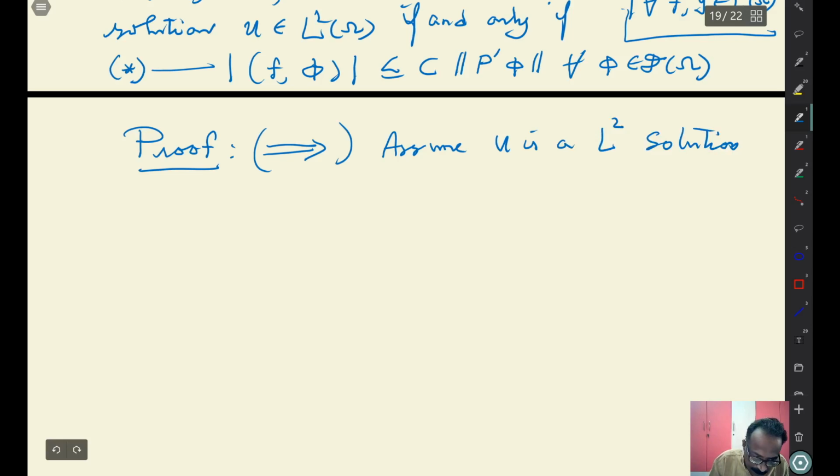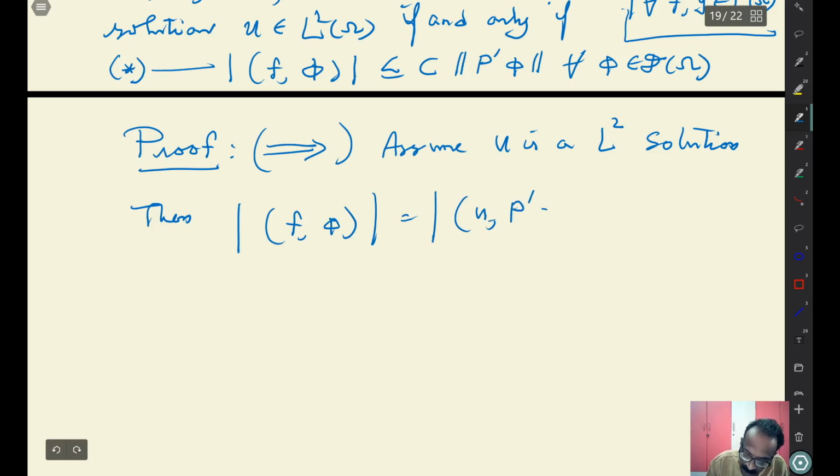Then what will we get? Modulus of f phi is equal to modulus of the inner product of u and P prime phi. This is an L2 inner product, so you can apply Cauchy-Schwarz. That will give you norm of u in L2 times norm of P prime phi in L2.